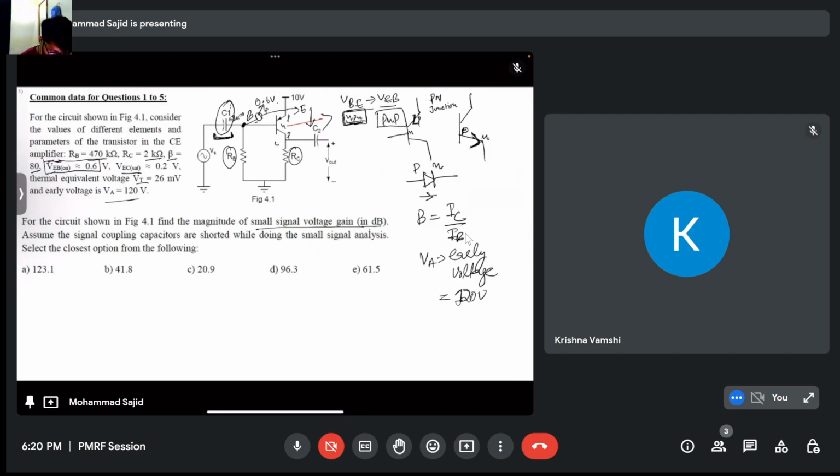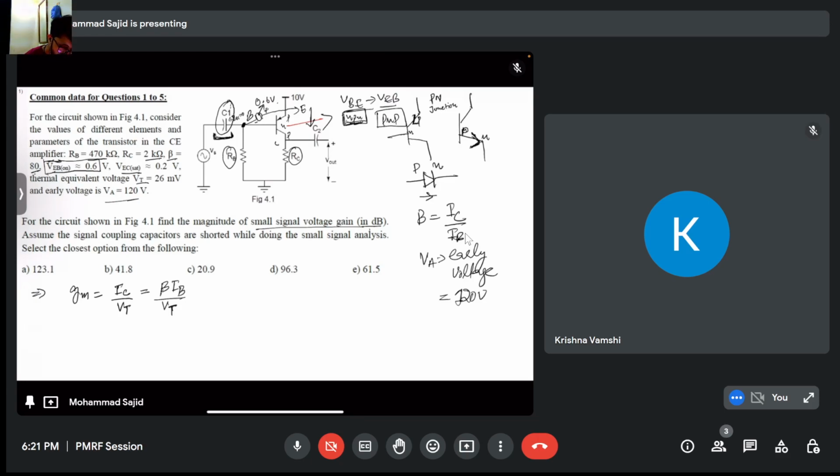Let's go back and see. Let's calculate these values. What is Gm? Gm, we have derived it in the last session. Gm can be simply calculated as IC by VT, right? And beta is given to us, 80. So we can directly write it as beta times IB by VT.